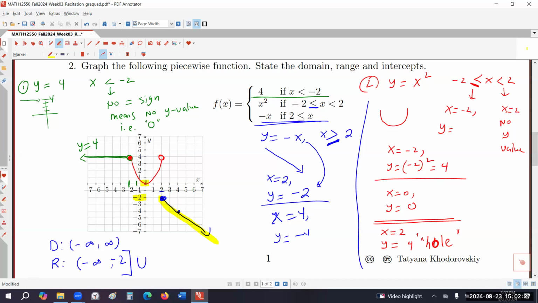So the next journey starts from 0, and then we have all the numbers up to 4. So from 0 until 4. We have a valid y value for 4, and we have a valid y value for 0. So we have a bracket for both of them.